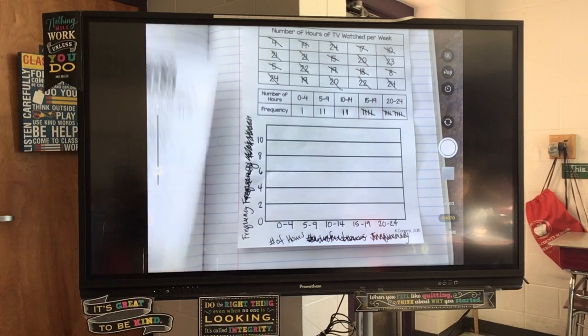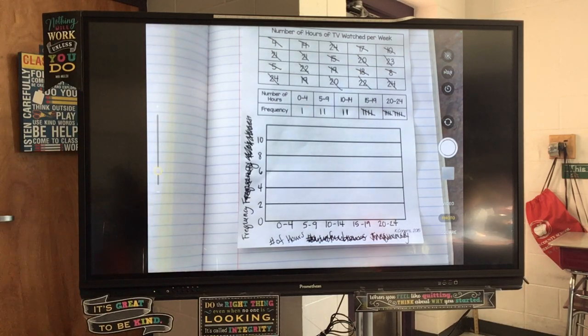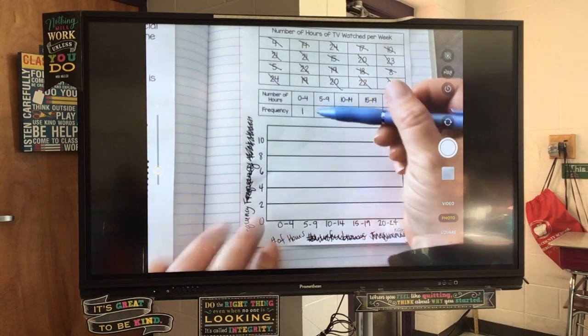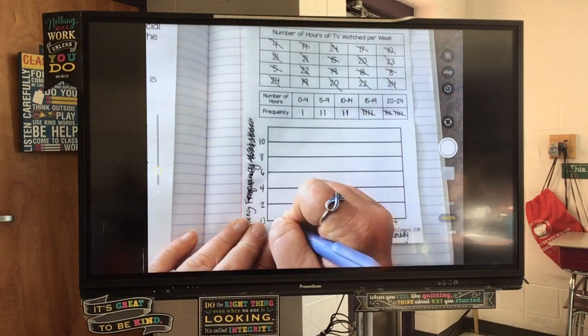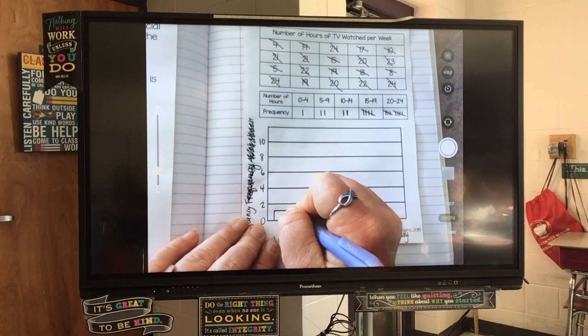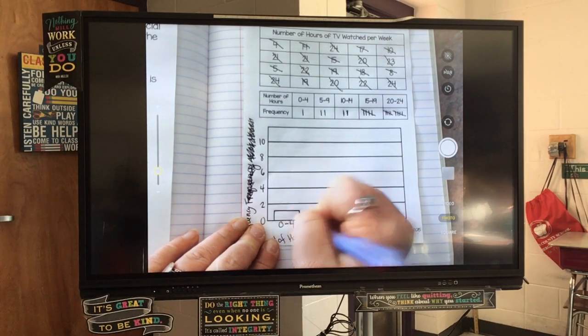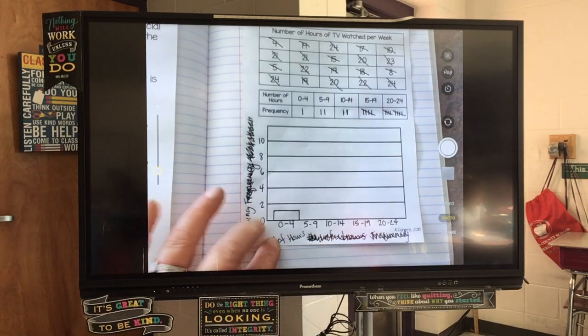If you don't know, read your paper over on the left side. What can't they have, Sophia? Spaces. So for 0 to 4, we have 1 tally. So that's going to be about the middle of this first one. Okay? So that's 1.